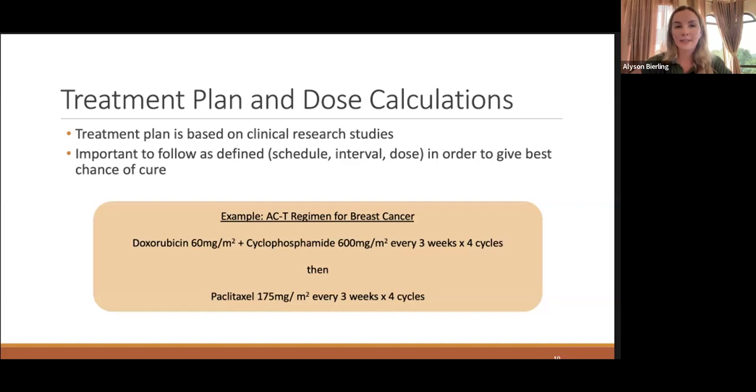So ideally, we want to make sure that patients are receiving those correct drugs at the 3-week intervals for the correct number of cycles. Obviously, taking into consideration patient factors, if they have toxicities, we might need to delay or change doses. But this is the goal.